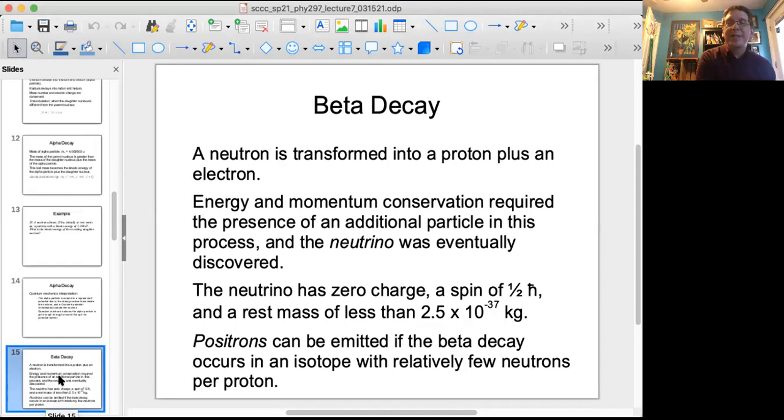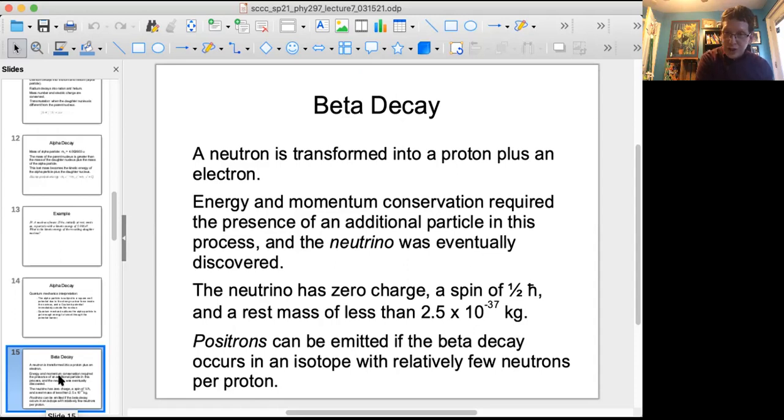So when people were studying beta decay, there was some additional energy and momentum not accounted for. So they postulated that another particle had to be involved that doesn't interact with things very easily. And it turned out that that was true. That particle is called the neutrino.